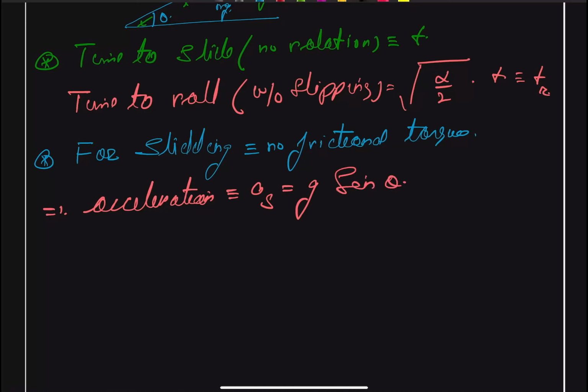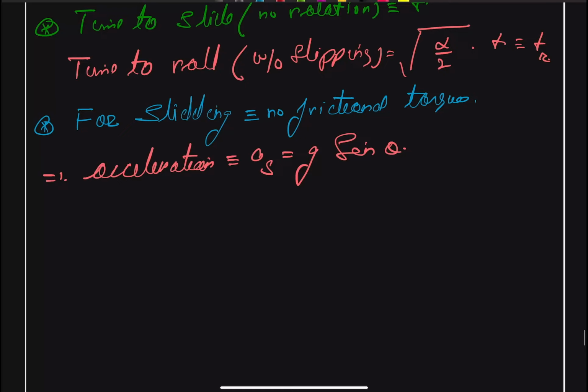Okay, and our length is given as L and it starts from rest, therefore we can use the formula S is equal to ut plus half at square.